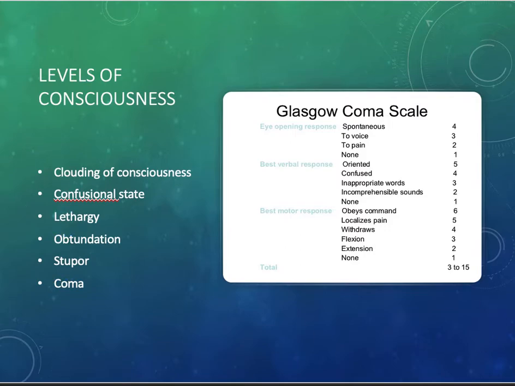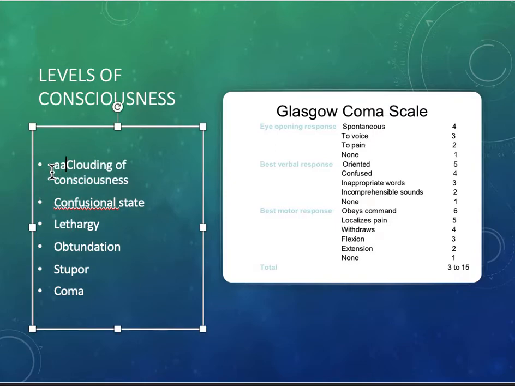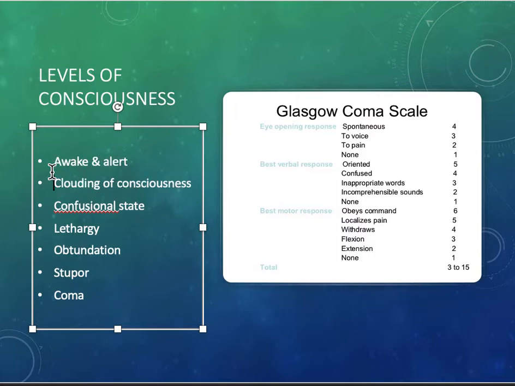Okay. So, the very first one would be awake and alert. Okay. So, when we have awake and alert, that's kind of your baseline, right? Your normal level of consciousness for somebody who doesn't have any kind of brain disorders or anything like that.